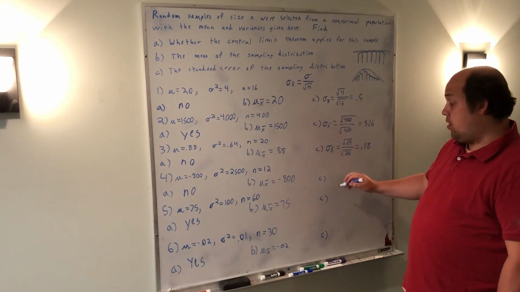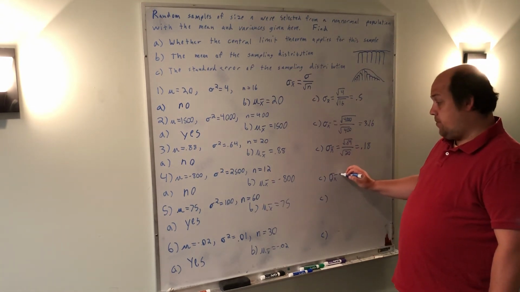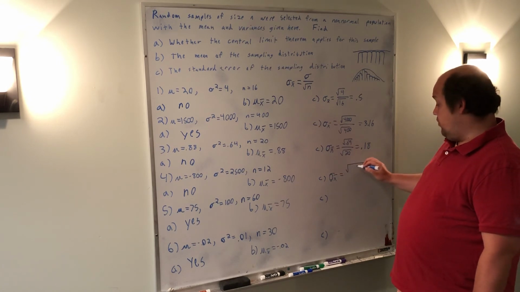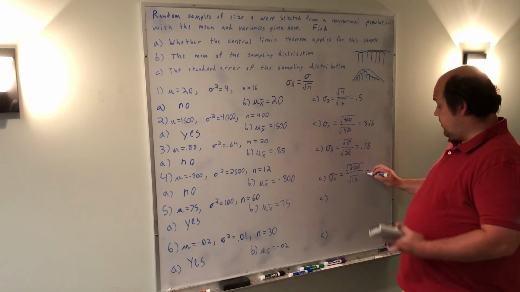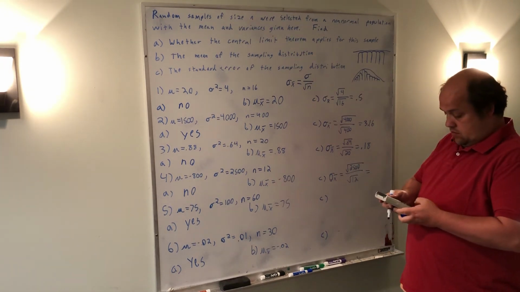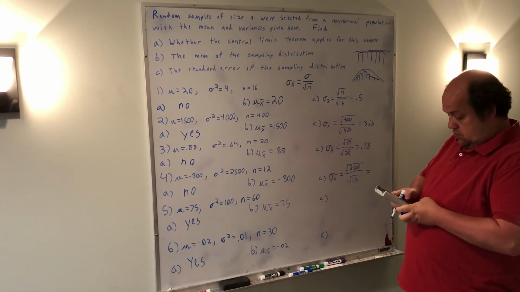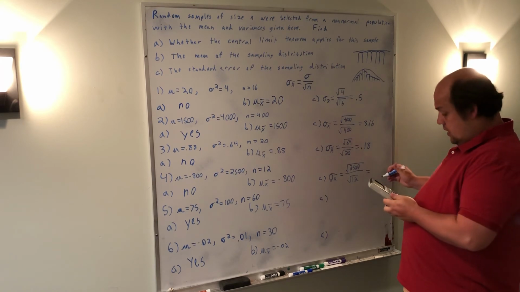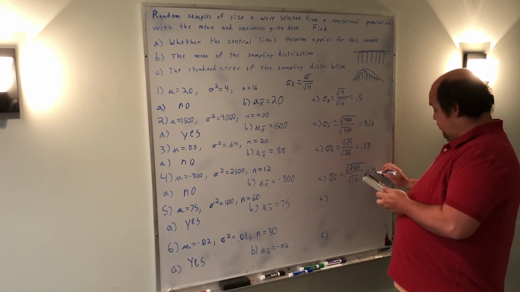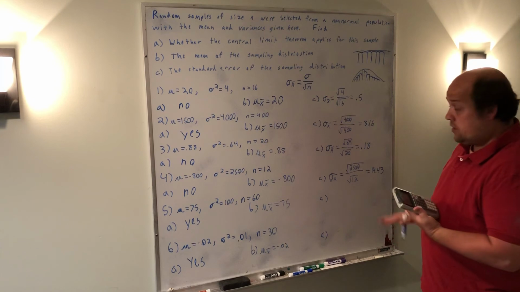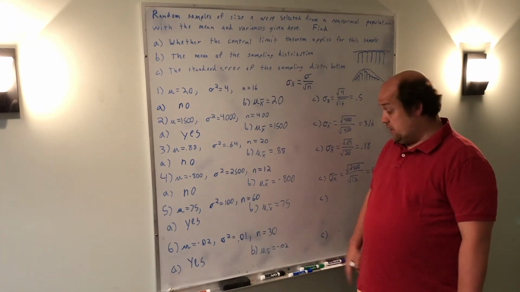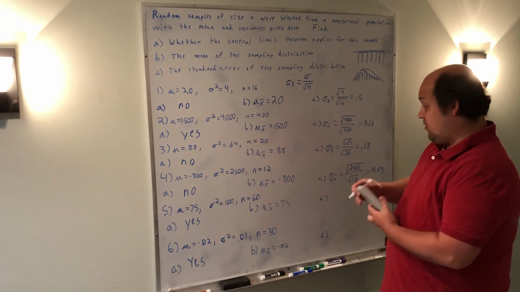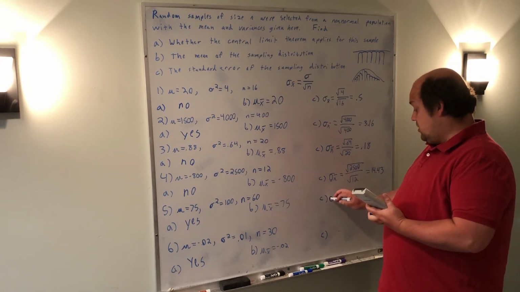For number 4, sigma sub x bar equals the root of 2500 over the root of 12. I get that to be 14.43. Just a note, I'm only going to 2 decimal places because that's what I'm used to. Always go to whatever it tells you to round to on Cengage.